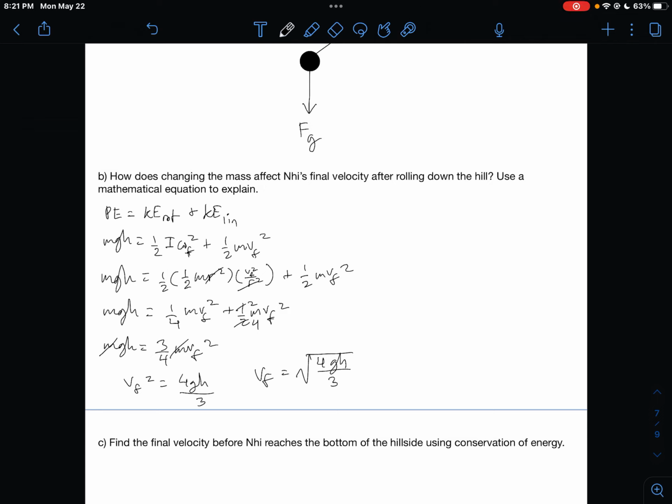To rewind, like I said before, changing the mass or not doesn't affect Yi's final velocity when she rolls down the hill, because from this equation right here, you can see there's no mass in the equation. So if it's not there, then it's not going to affect the final velocity.